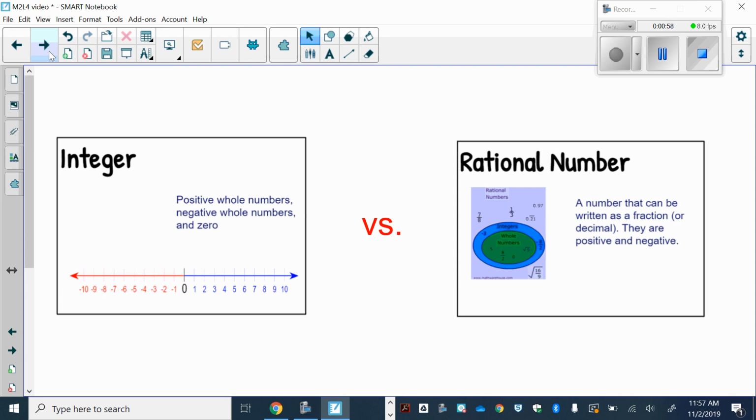They actually fall into the category of rational numbers. So a rational number is any number that can be written as a fraction or decimal. They are positive and negative. So rational numbers are the positive and negative whole numbers, positive and negative fractions, positive and negative decimals, and zero.